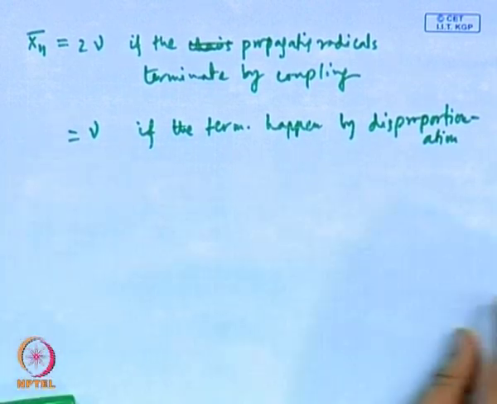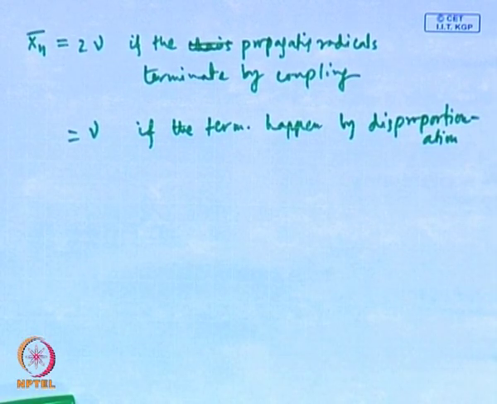Now, I hope you can get this. If I have a propagating radical with an active species here, a radical at the end of a propagating chain, and another radical at the end of another propagating chain, this has an average number of monomer molecules nu, and this also has an average number of monomer molecules nu.